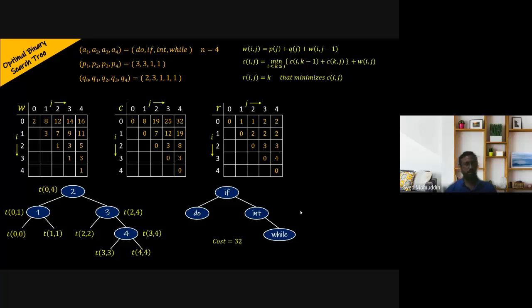This is the most complex part, but just remember the equations, substitute the values of i and j, and then construct the W matrix, the cost matrix, as well as the root matrix. From there we can figure out what the tree is and what its minimum cost is. So this is how the optimal binary search tree is done.